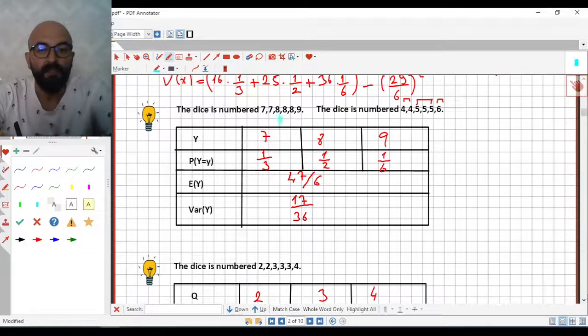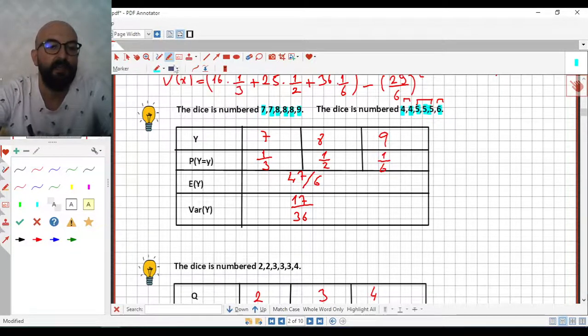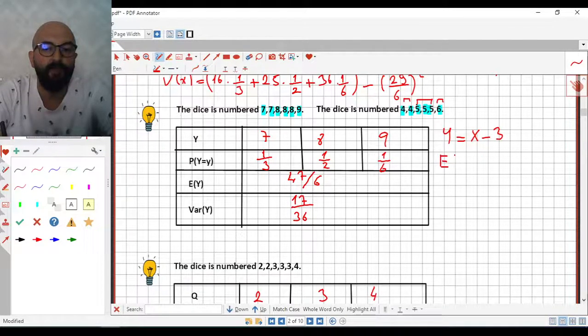For example, 7, 7 minus 3 is 4, 4; 8, 8, 8 minus 3 is 5, 5, 5; and 9 minus 3 is 6. So y means x plus 3, and the expected value of y means the expected value of x plus 3.